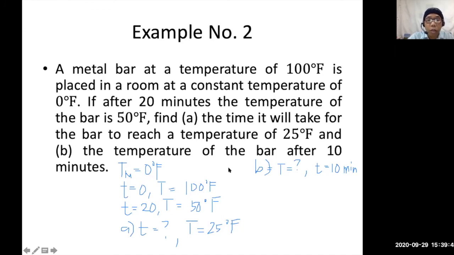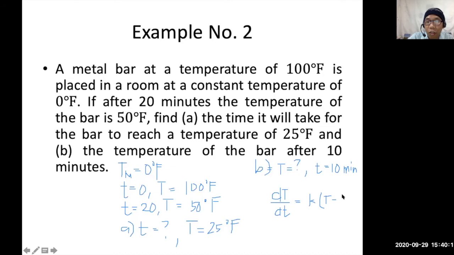Okay, now we are going to use the equation for Newton's law of cooling. It says that the rate of change of temperature of the cooling body, dT over dt, is proportional to the difference of the temperature of the body minus the constant temperature, and that is what? 0, right?